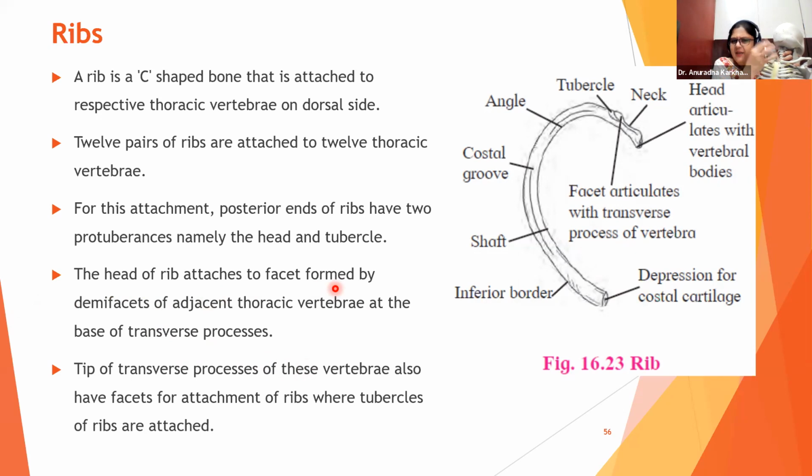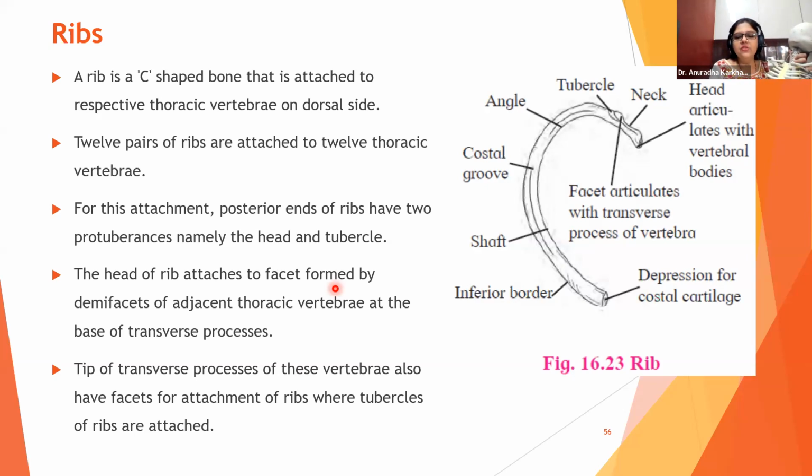Facet means, as I said, a cavity-like thing, not a hole, like a saucer-shaped structure or a cup-shaped structure or something like that. Okay, and it is formed by whom? By the adjacent thoracic vertebrae. So in this way they are attached to each other as well, so that they don't slip off at the base of transverse process.